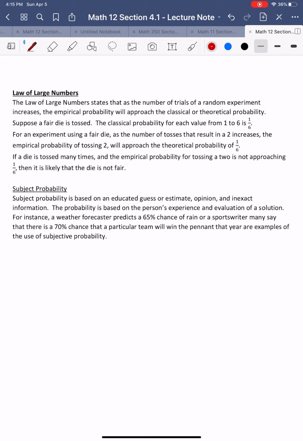For instance, a weather forecaster predicts a 65% chance of rain, or a sportswriter may say there is a 70% chance a particular team will win the pennant that year. These are examples of subjective probability because that's their opinion, an educated guess, since they're professionals on the job.